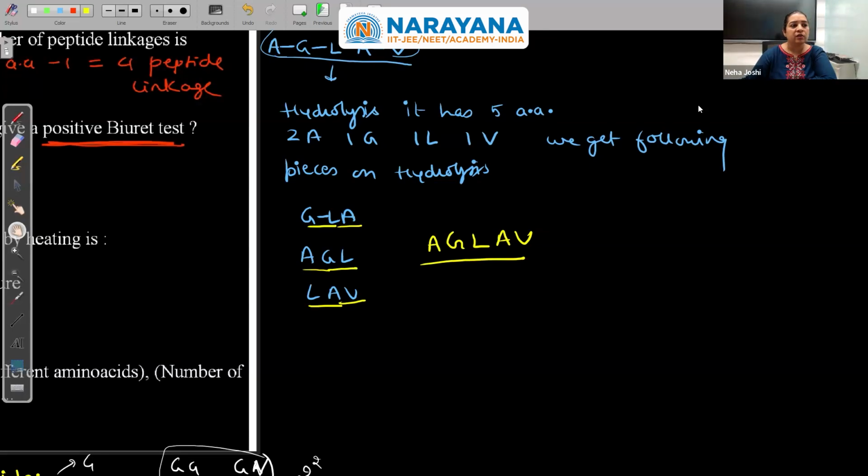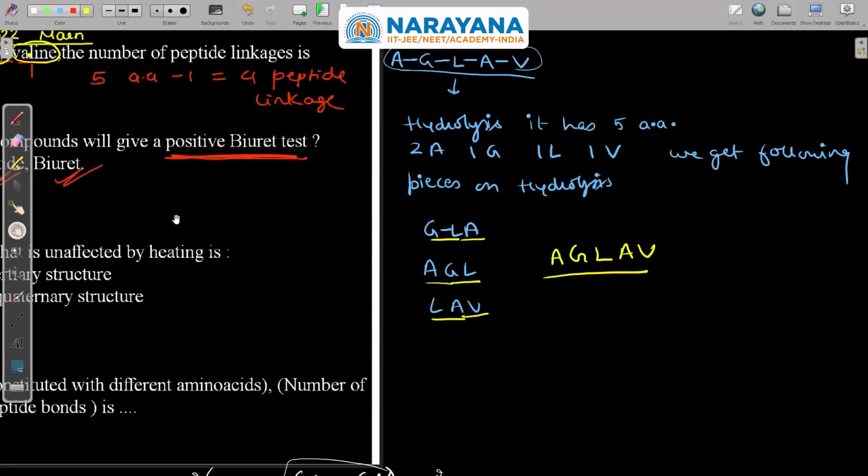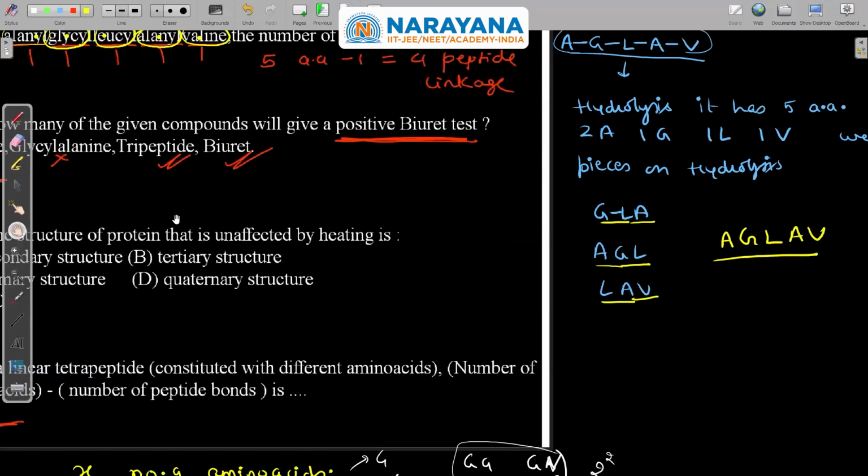So Meher, ask. Isn't guanidine more basic than imidazole? Yes. That is why we said it. Then why is histidine more basic than arginine?